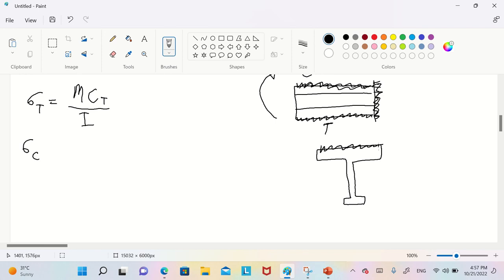Here is the compression, here is the tension. Now this is the center of the whole thing.